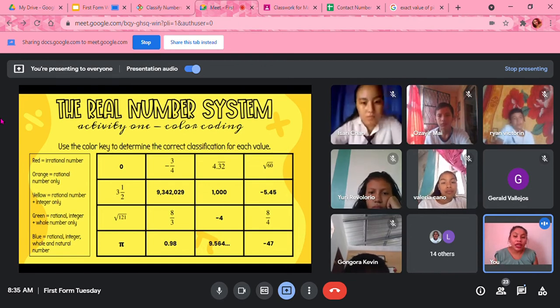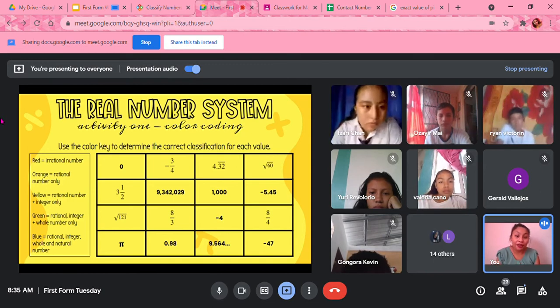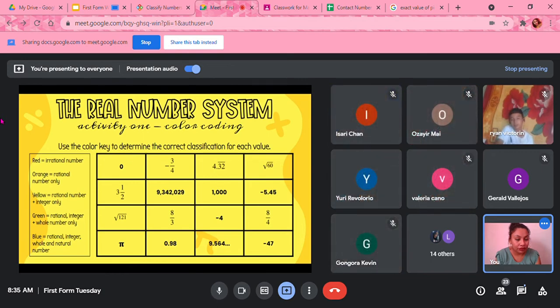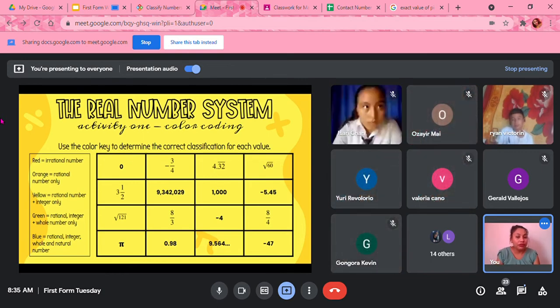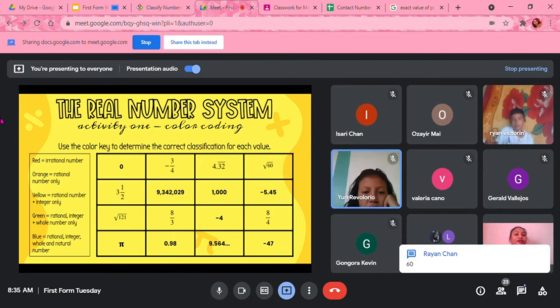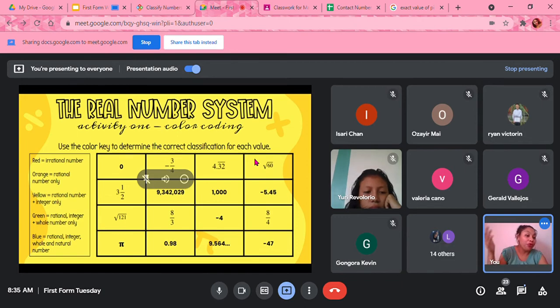So looking at that table, which number is irrational already? Which number can you tell me is irrational? Root 60. Very good, Yuri. Root 60. So I'm going to be coloring that one red because it's irrational.